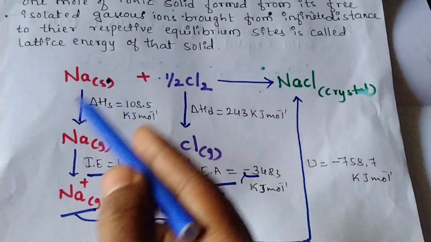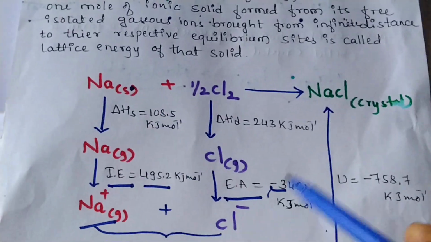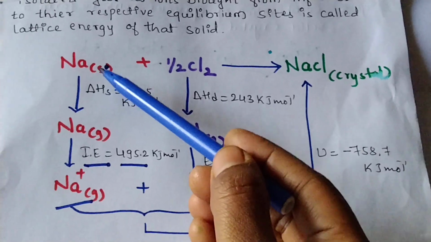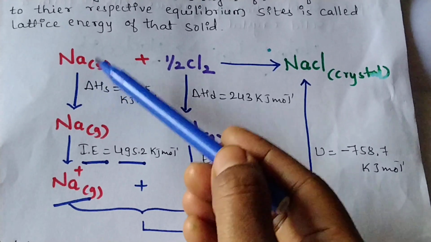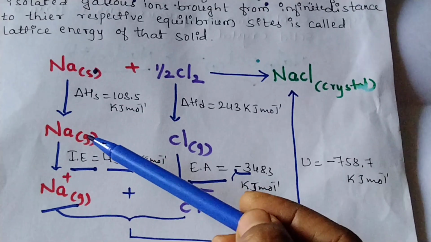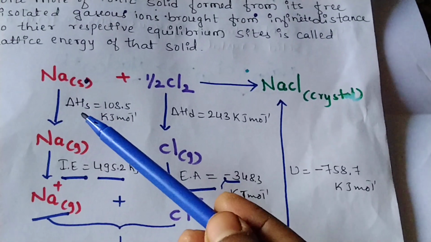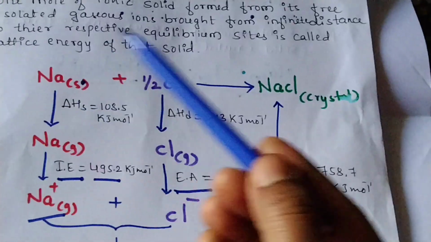This is the Born-Haber cycle. It involves the 5 steps. The first step is conversion of a metallic sodium atom into a gaseous sodium atom, which requires energy called the sublimation energy.